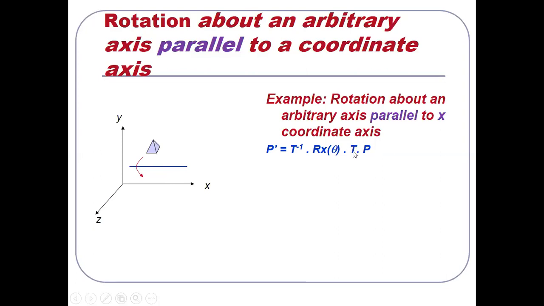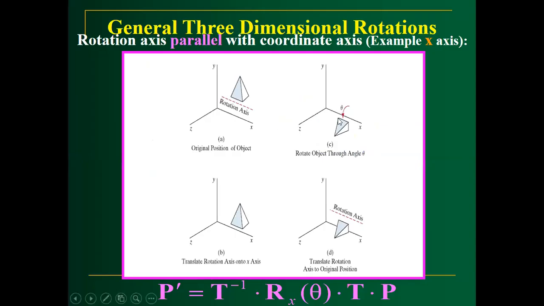First, translate this blue axis, that is your arbitrary axis, onto the x-axis, because here we are taking the x-axis. You can see here the rotation axis, P. Merge to the x-axis, rotate it via x, and push back to wherever it was.